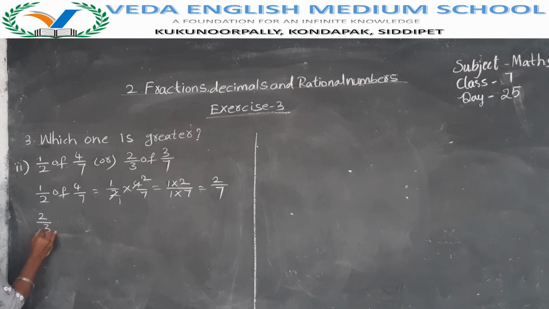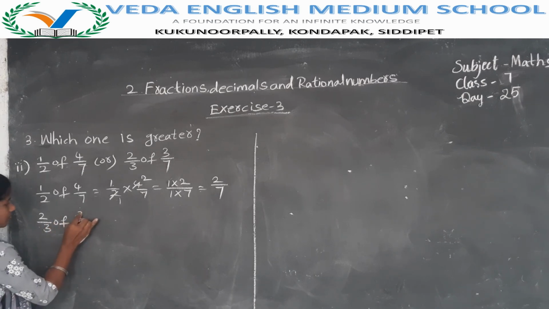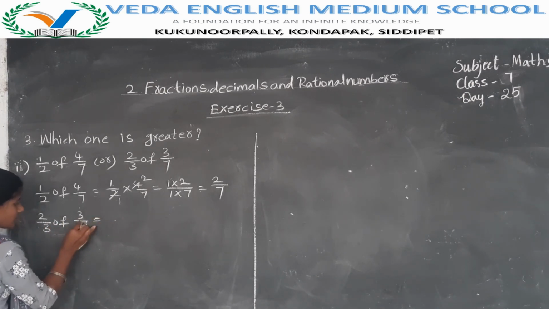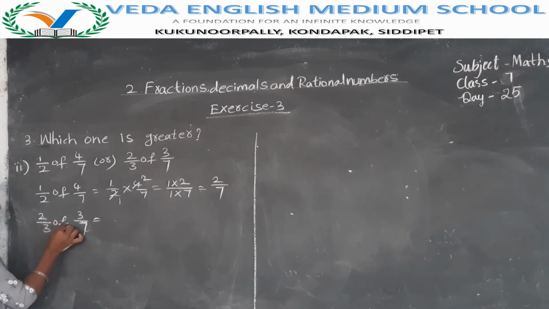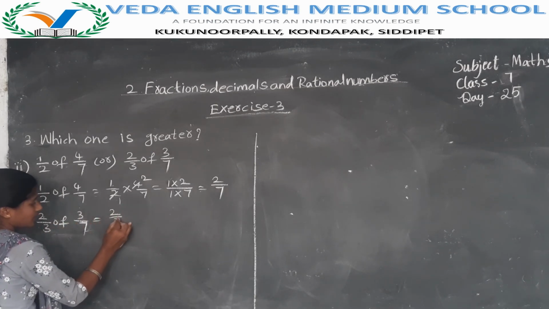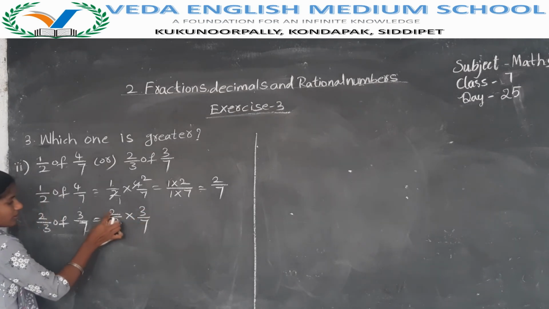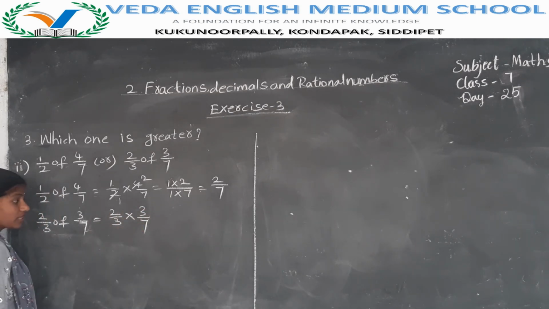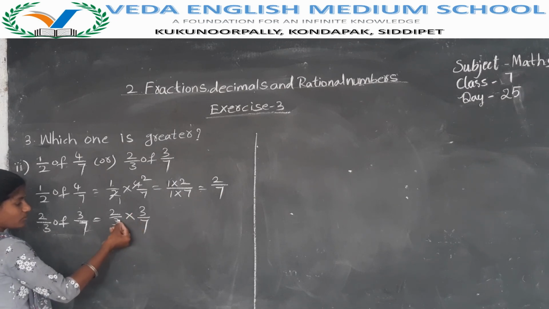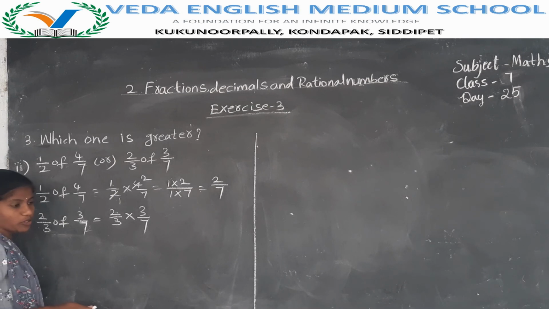Next, take the second one. 2 by 3 of 3 by 7. That is equal to 2 by 3 of 3 by 7. Of means multiplication, into 3 by 7. Now, is there any possibility to cut? Yes, there is a possibility, that both are 3, in the numerator and denominator. These two are prime numbers. For prime numbers, there is no more possibility to cut.